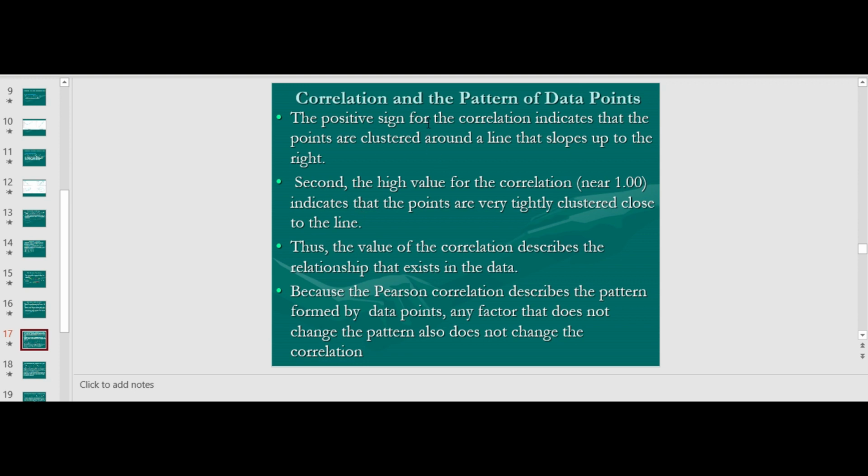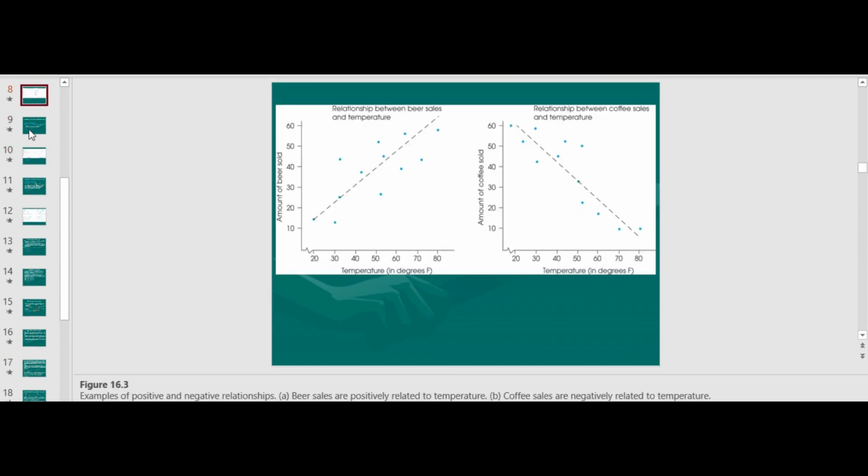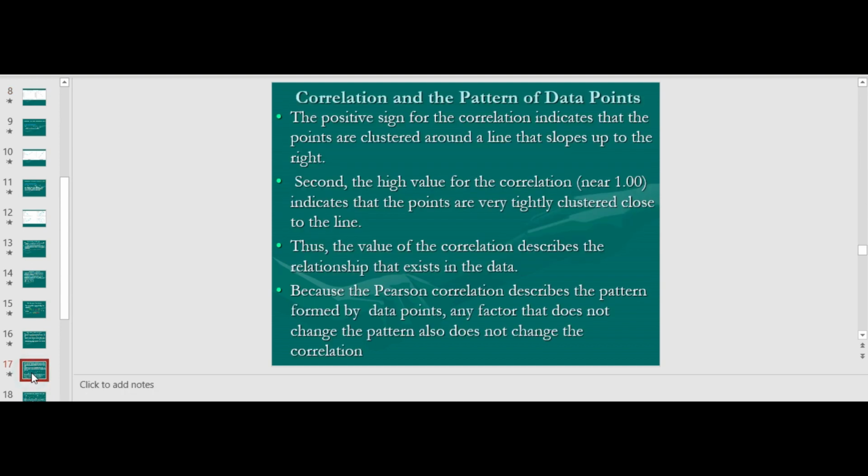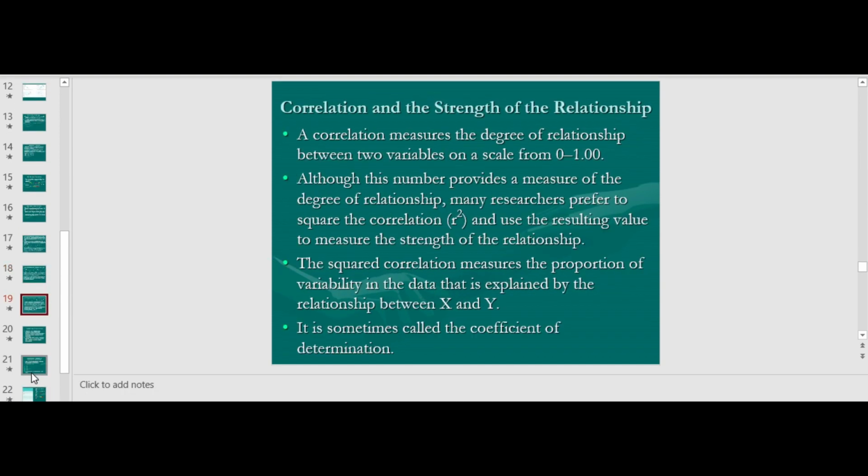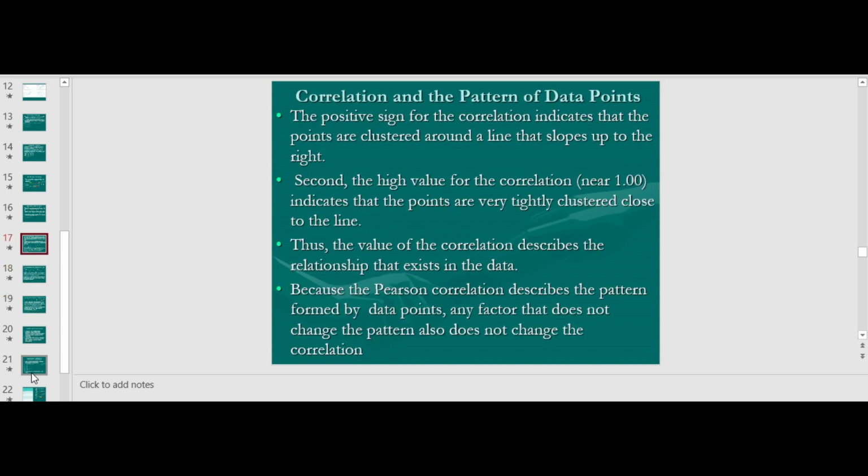The positive sign of the correlation indicates that the points are clustered around a line that slopes up to the right. Okay, we will see this graphically. It is rising toward the right, from the left. So if there is a positive relationship, the sign of the relationship is positive, that indicates the points are clustered around the line that slopes up to the right.